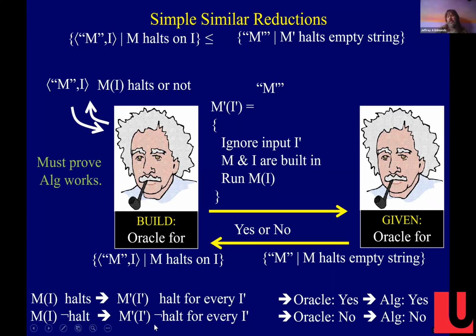And if M prime halts for no input, then it doesn't halt for the empty string, so the oracle says no. All of this fancy oracle business aside, technically this problem is just the halting problem, except we only input the empty string. Yes, exactly. So this is a real trick. That's kind of funny.